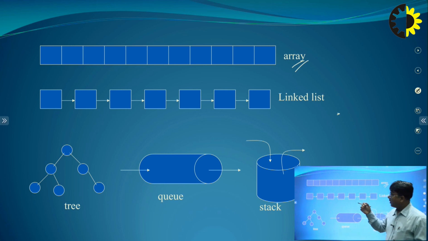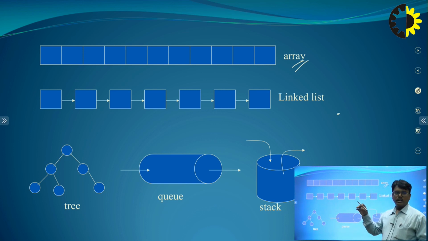The definition of the array is that it is homogeneous data which is placed or stored in memory in continuous form.